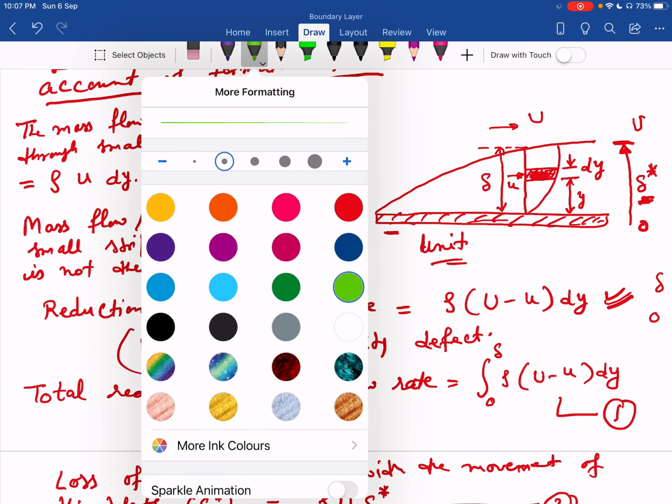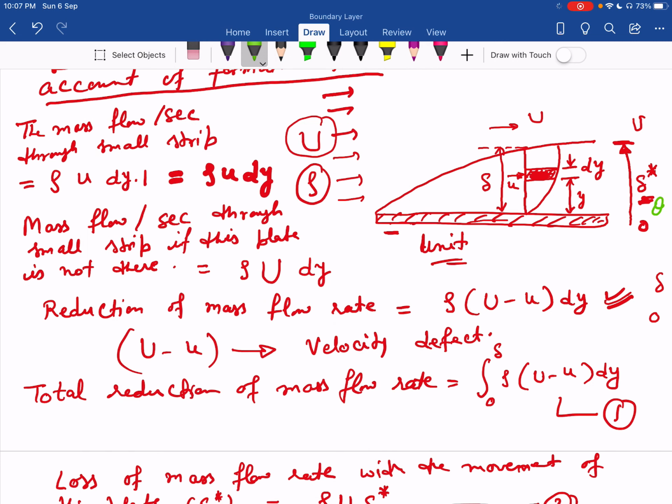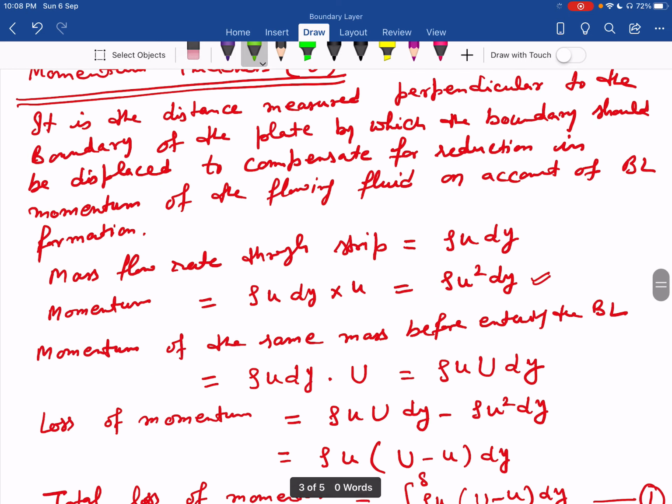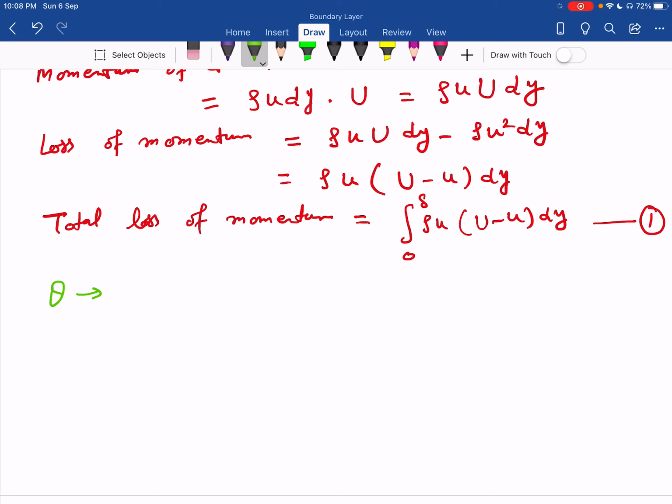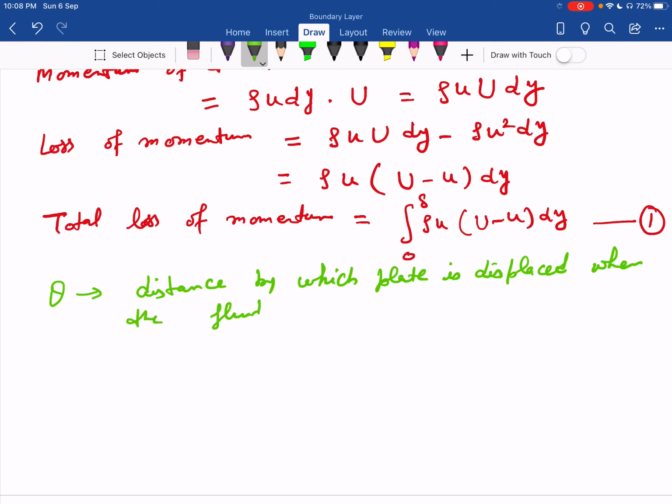So theta is the distance by which the plate is displaced when the fluid is flowing with a constant velocity U. So theta is the distance by which I move this plate in the upward direction to the layer where velocity is U. So theta is the distance by which the plate is displaced when the fluid is flowing with velocity capital U.